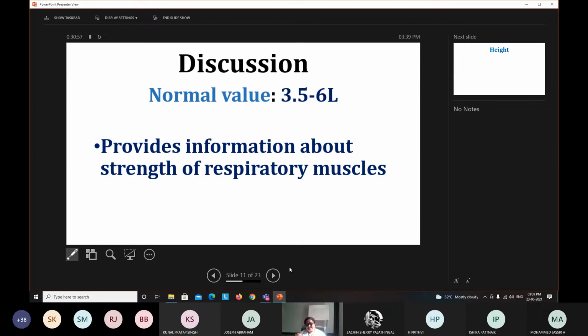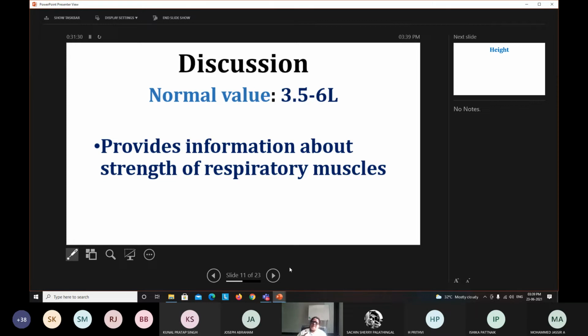How strong those muscles are, that idea is given by this experiment. Say, for example, because of any reason the muscle strength is less. There may be so many reasons for lack of muscle strength, so we will have to see what factors are influencing the strength of the respiratory muscles, and how the vital capacity is going to get affected.